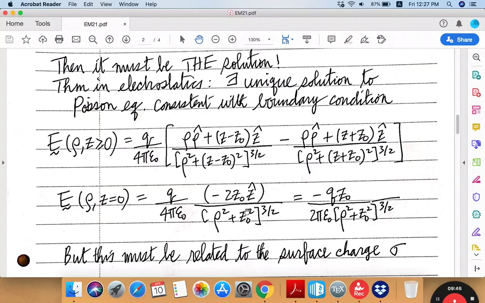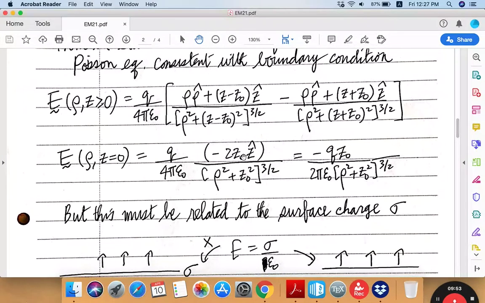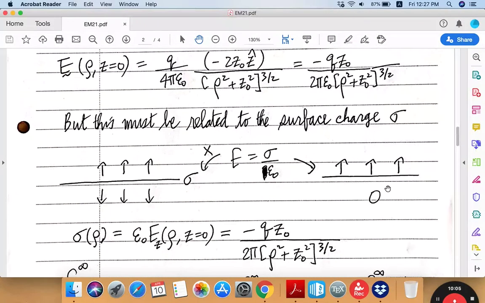Now, if you take this to the limit of z equal to 0, then you quickly find that only the z component survives. And this is the magnitude of the z component of the electric field. So that means the electric field is all pointing perpendicular to the plate. And of course, this is completely natural because this plate is supposed to be a conducting one, equipotential.